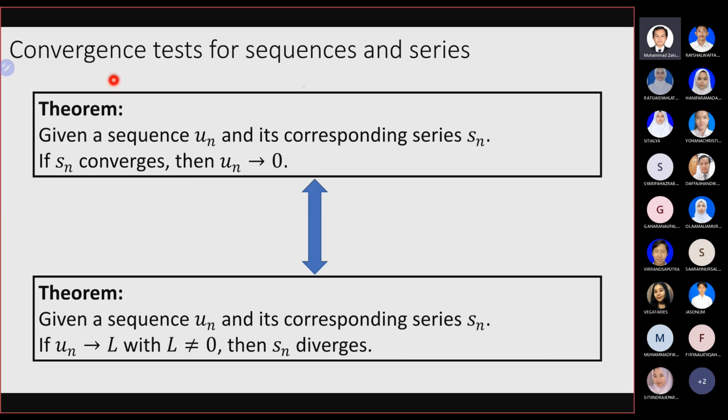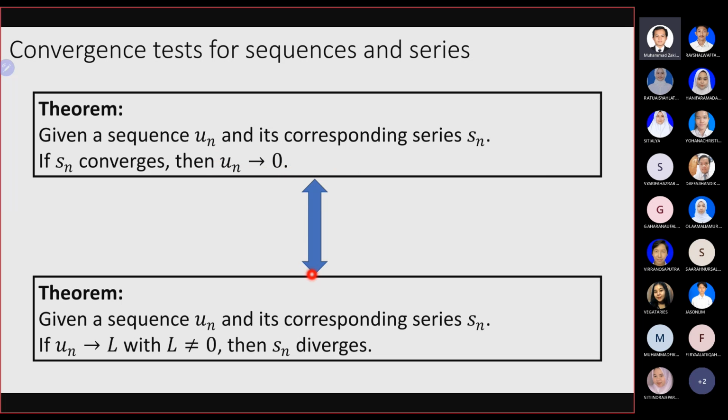Inspirasinya dari situ sebenarnya. Jadi kalau deretnya konvergen menuju nilai berapapun, kita bisa menjamin bahwa barisannya akan konvergen menuju 0.